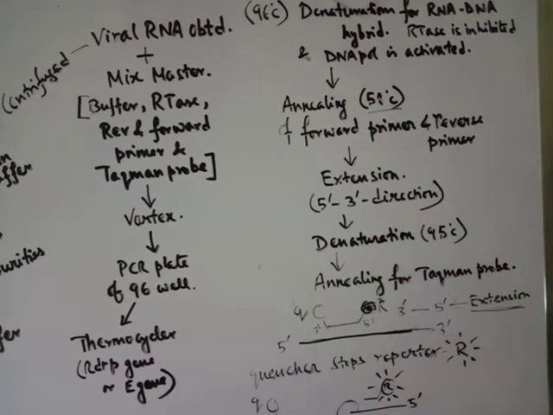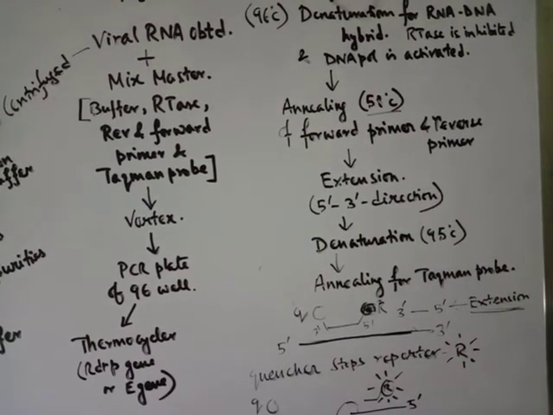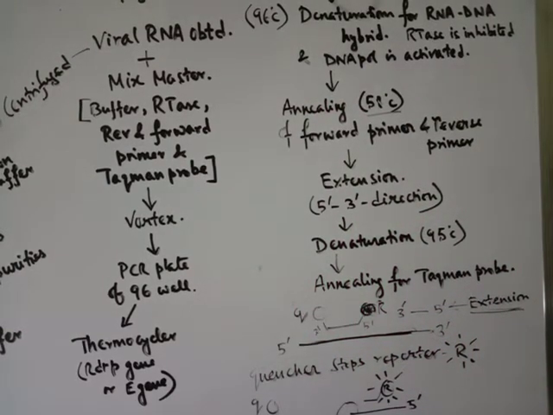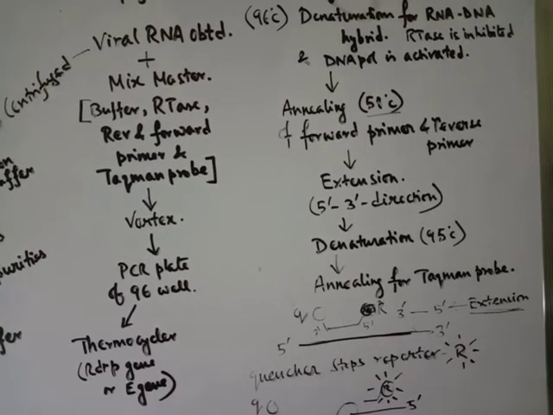Okay, now I have told you that TaqMan probes contain a reporter and a quencher. The quencher does not allow the fluorophore to give out its fluorescence, but the reporter over here is a fluorophore.